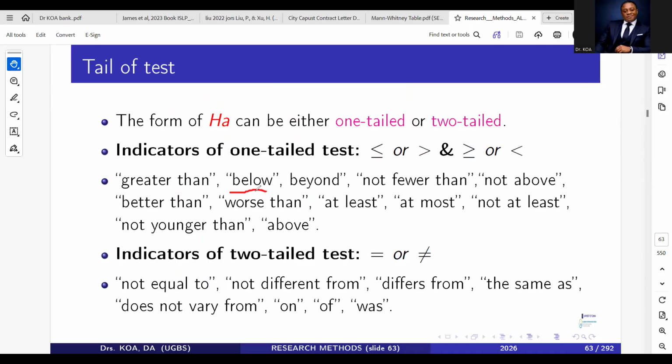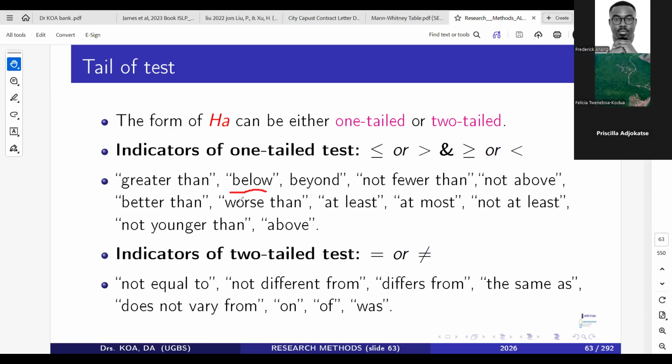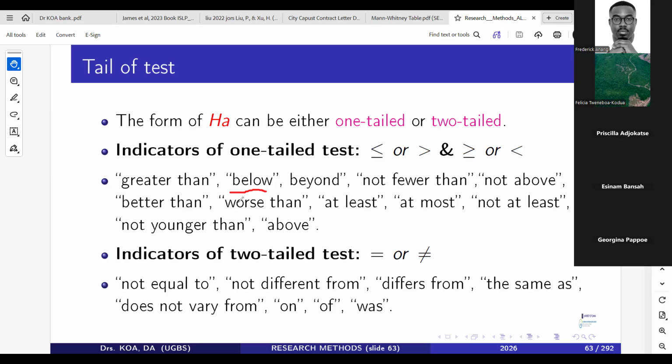When the person also says beyond, what symbol comes into your mind? Beyond. Yes, Felicia. Greater than.